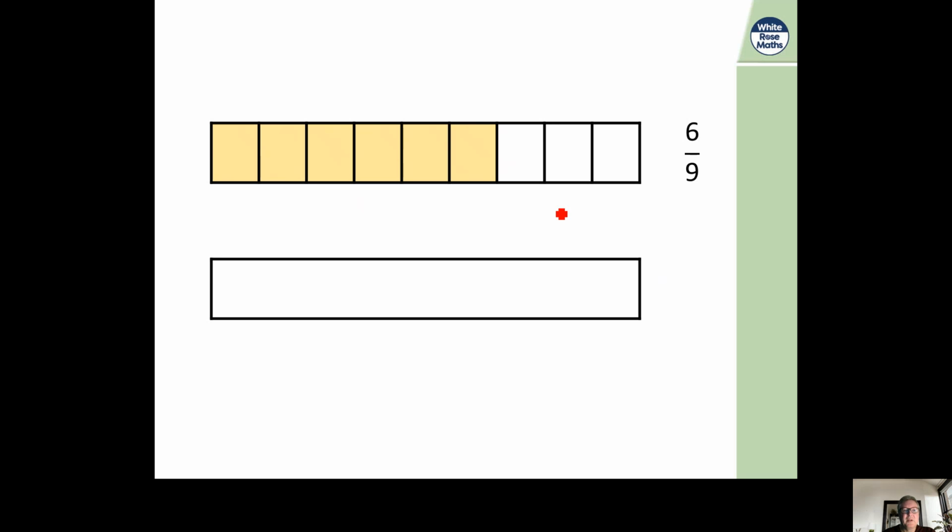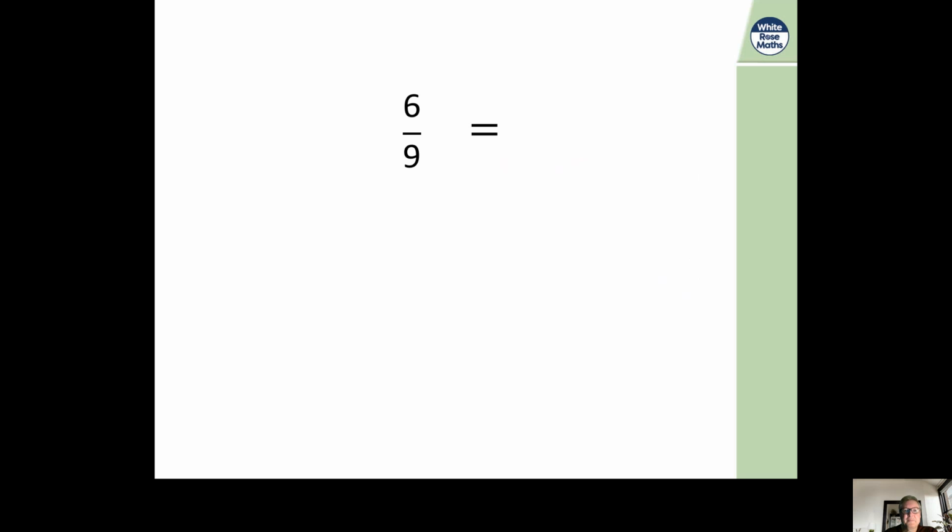So there's a strip of equal length. Two-thirds. So this is saying factors. So we've done factors. We usually have worked them out in pairs.